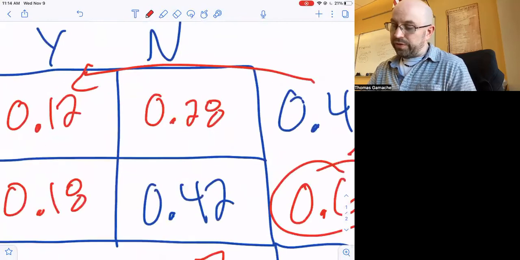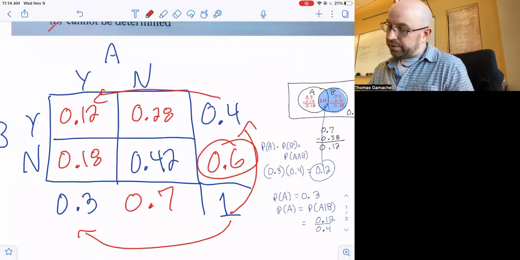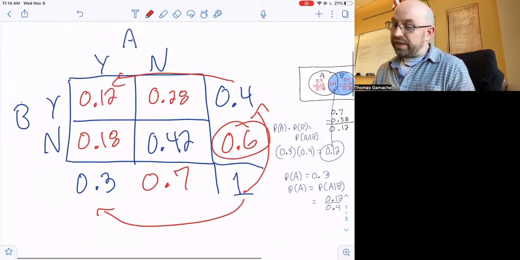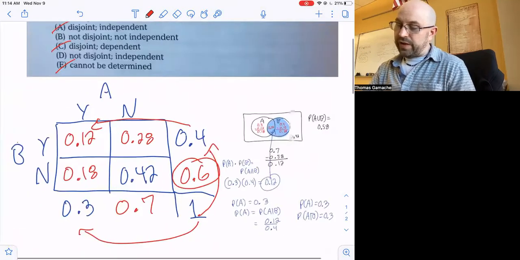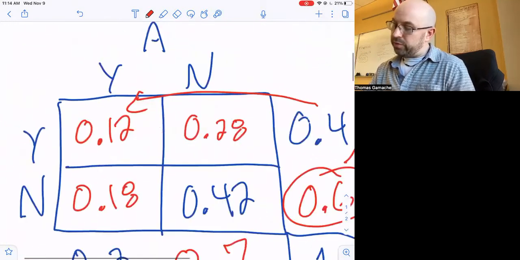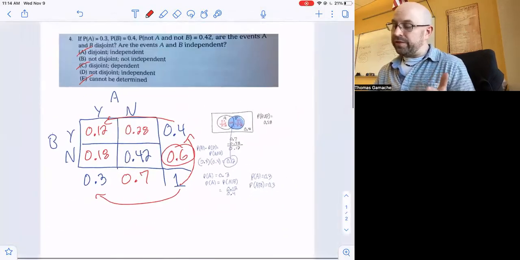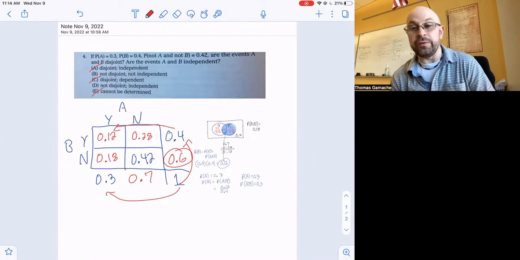Multiply them and get the probability of them both happening at the same time, 0.12. That's independence. I can also go with probability of A happening is 0.3. And then if I look just within B, which is 0.4, the probability of A happening within B is 0.12 over 0.4, which gives me, once again, 0.3. So I've proven independence. These are two different ways you can do it, using a Venn diagram or a table.